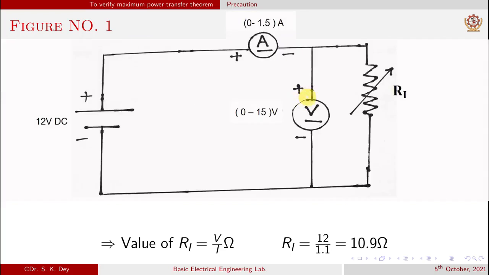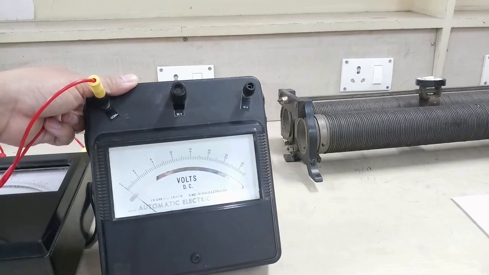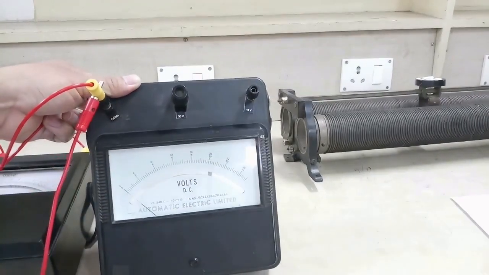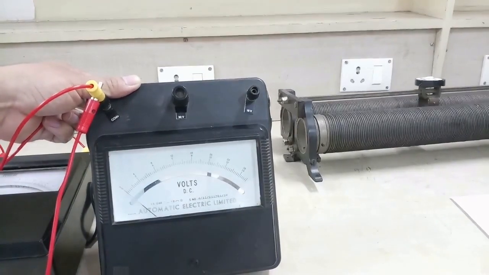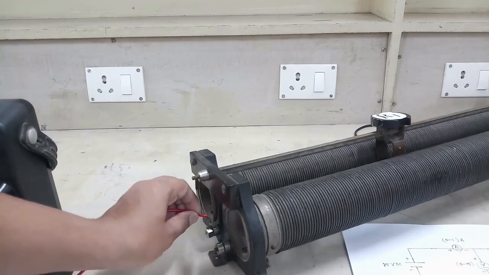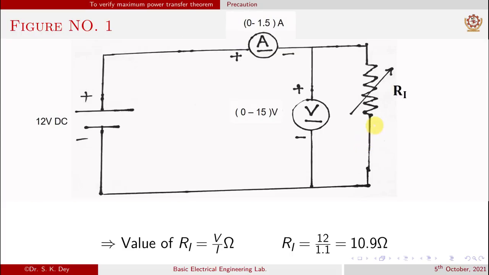Then from the common terminal of this voltmeter to the rheostat will be connected. Then from the voltmeter positive terminal to this rheostat will be connected. Then we will connect the rheostat's other terminal to the 15 volt terminal of this voltmeter.